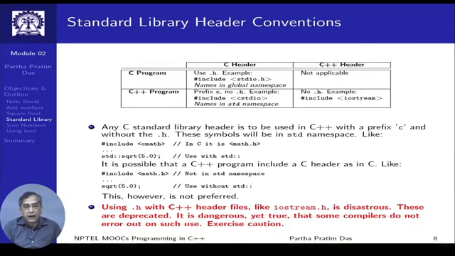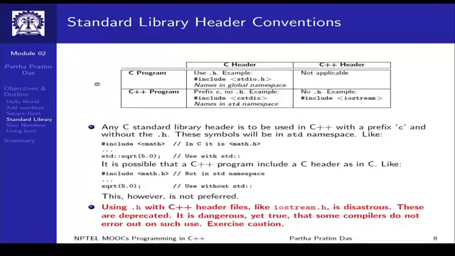Specifically note, and I have highlighted it in red, that by mistake or by the practice of using .h as a file name extension for standard library headers in C, if you include iostream.h in a C++ program, your compiler may not actually give you an error, which means that your compiler is dated and you should move to a more recent compiler.